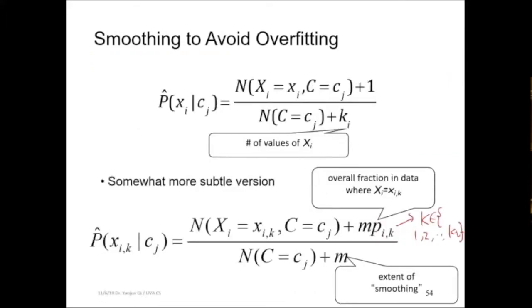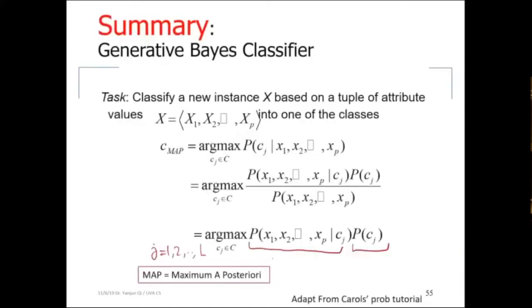There are many types of smoothing, such as Laplacian smoothing, and this is a very big topic in information retrieval and natural language processing.